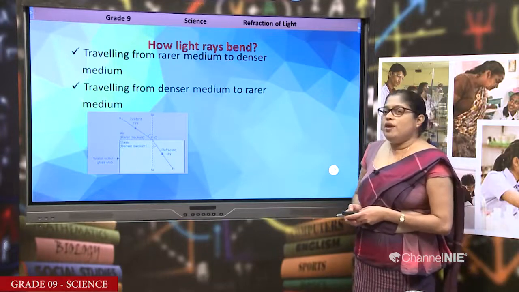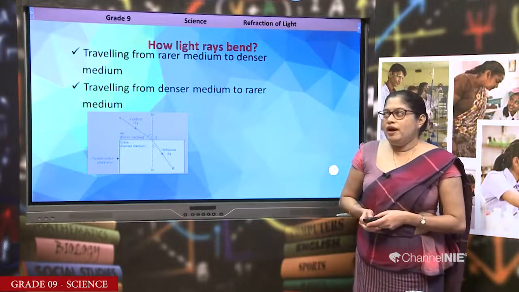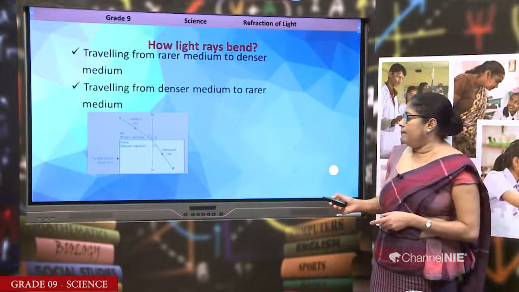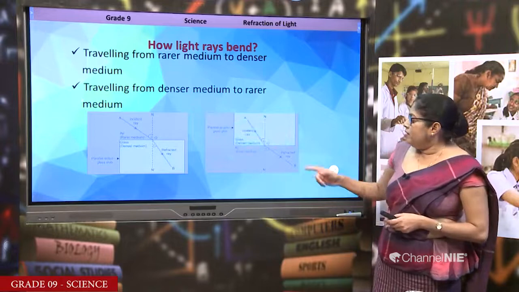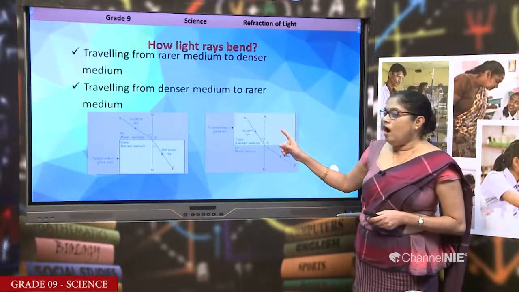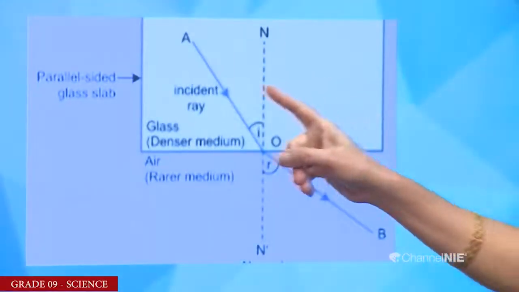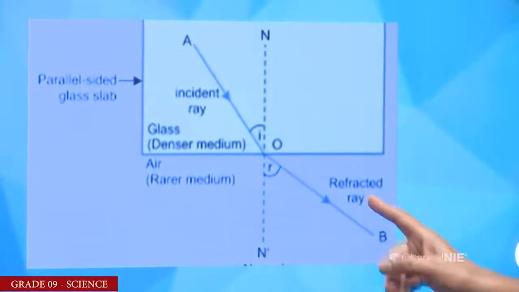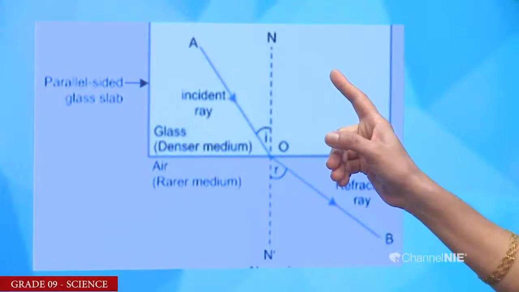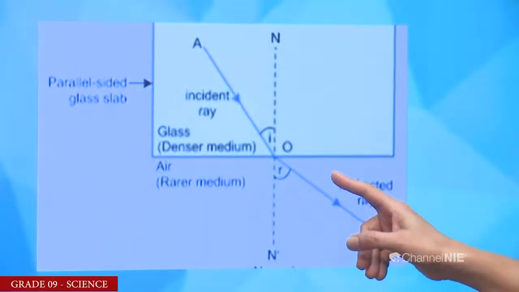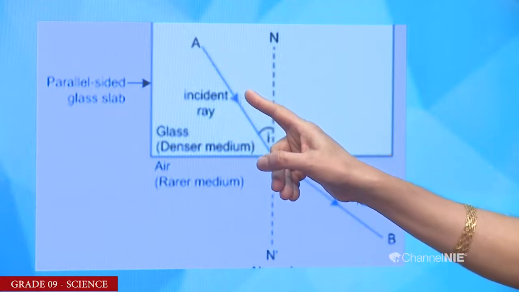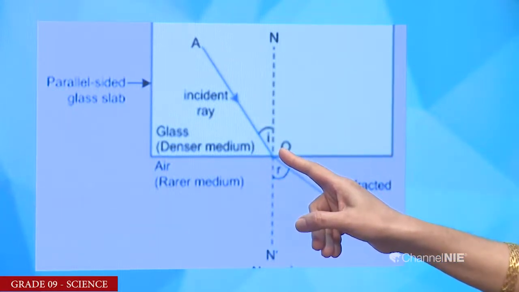Let us see how light rays are travelling from a denser medium to a rarer medium. This diagram shows how a light ray is travelling from a denser medium to a rarer medium. So, glass is the denser medium here and air is the rarer medium. This is the ray that is coming from the denser medium.